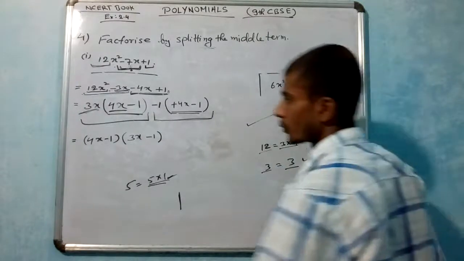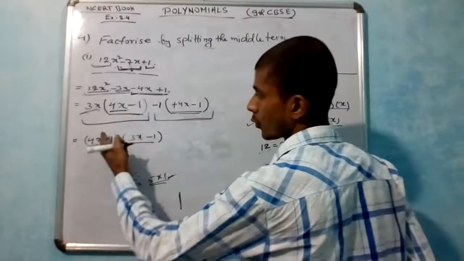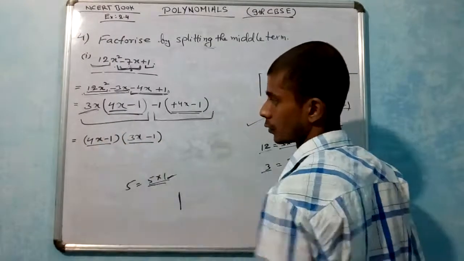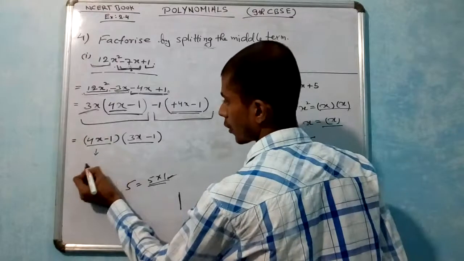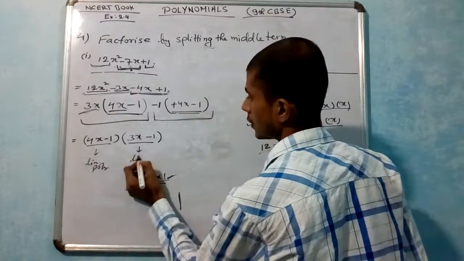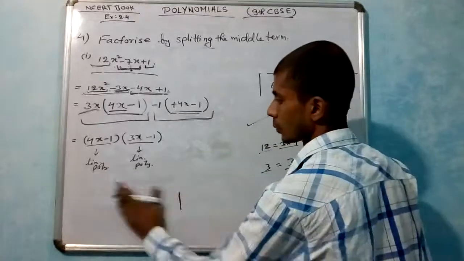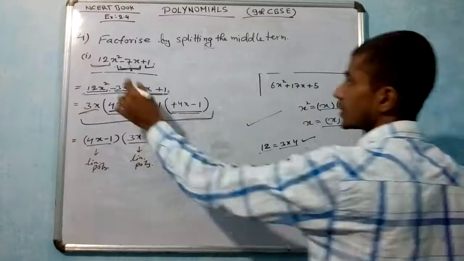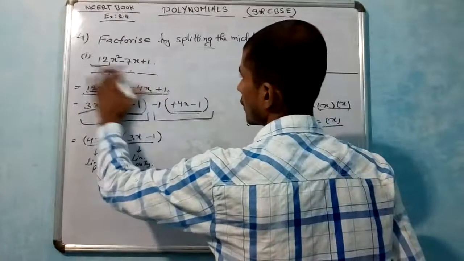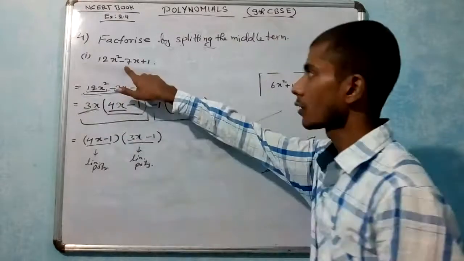And now we have come to the linear polynomial. See, the degree is how much? 1, 1. This is a linear polynomial, and this is a linear polynomial. So the product of the two linear polynomials is this quadratic polynomial. This is the quadratic polynomial, or not?